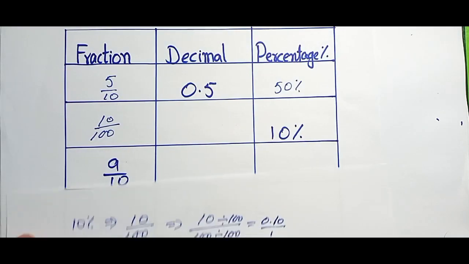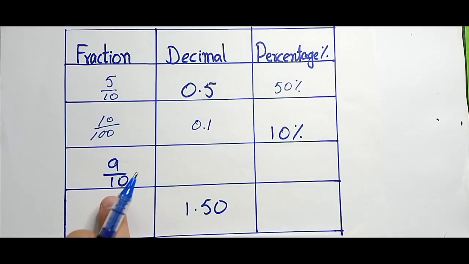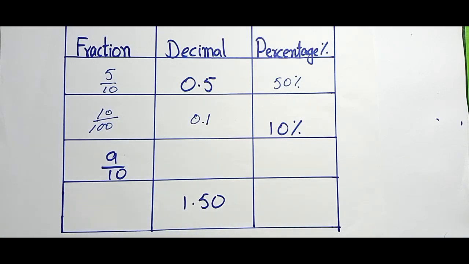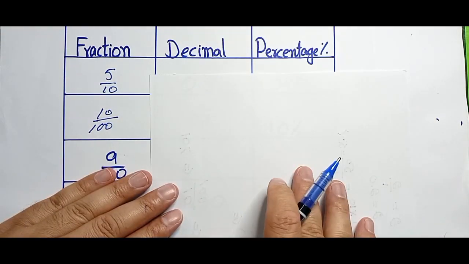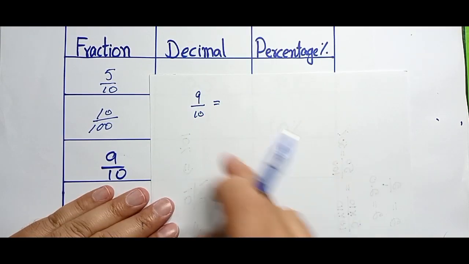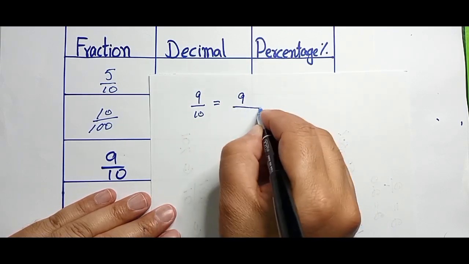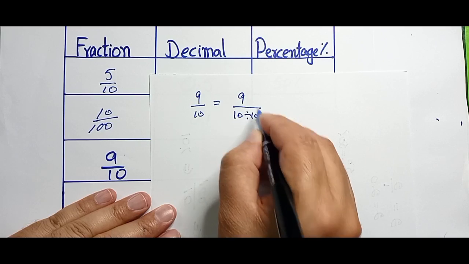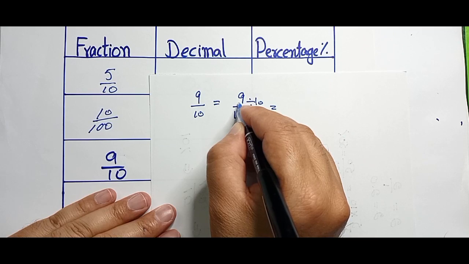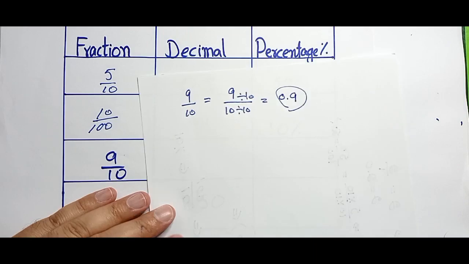Okay, now I will write it 0.1. Now we have 9 over 10, and I have to convert it into a decimal. For decimal, I have to remove this 10. So 9 over 10 divide by 10 and divide by 10. The decimal point will shift to the left side after one digit. It will become 0.9.